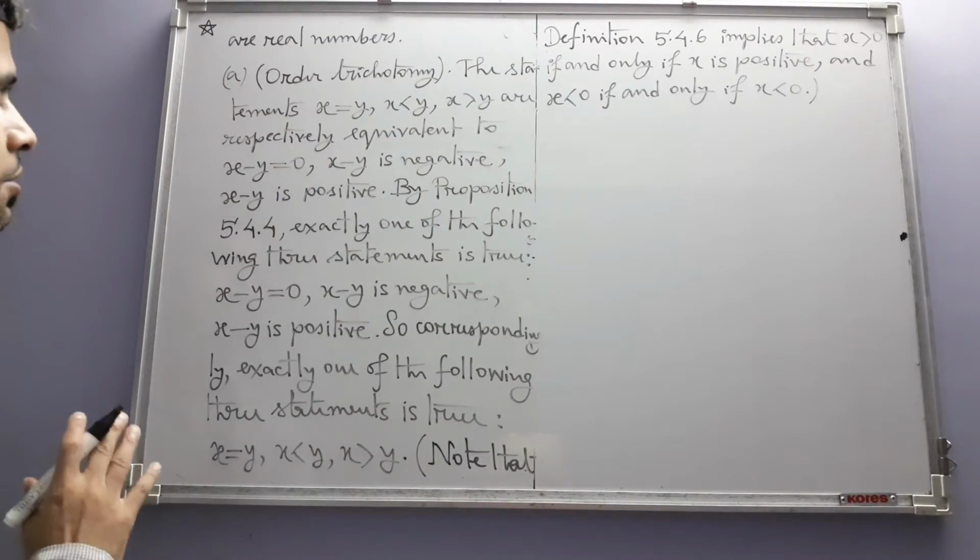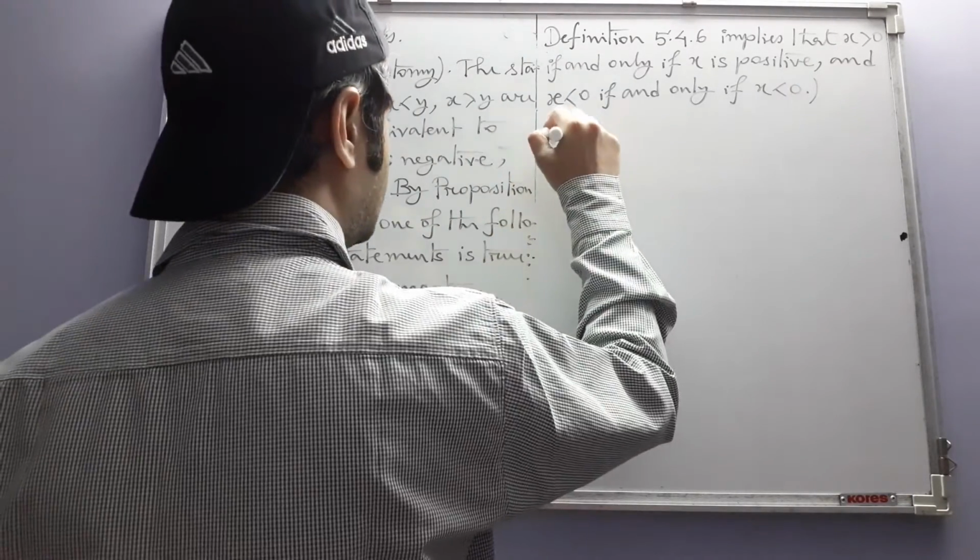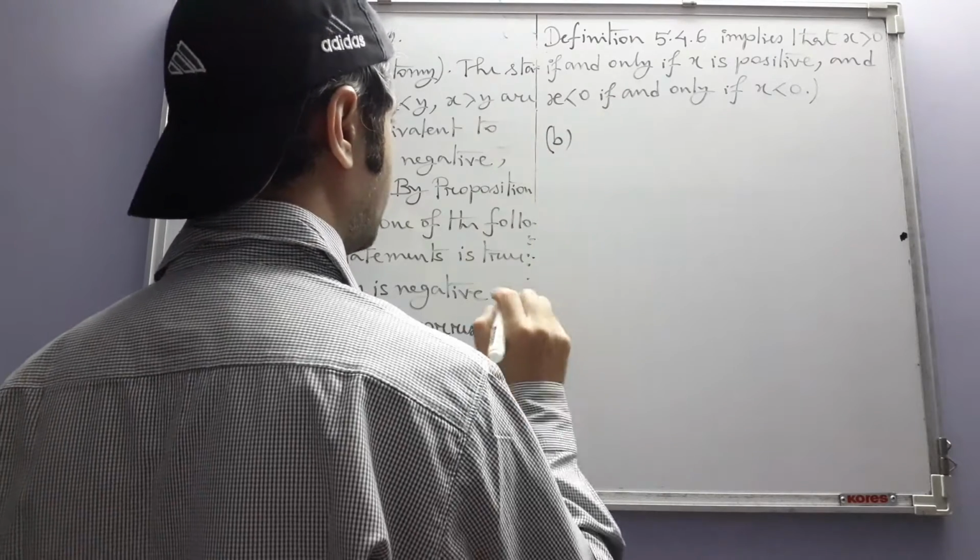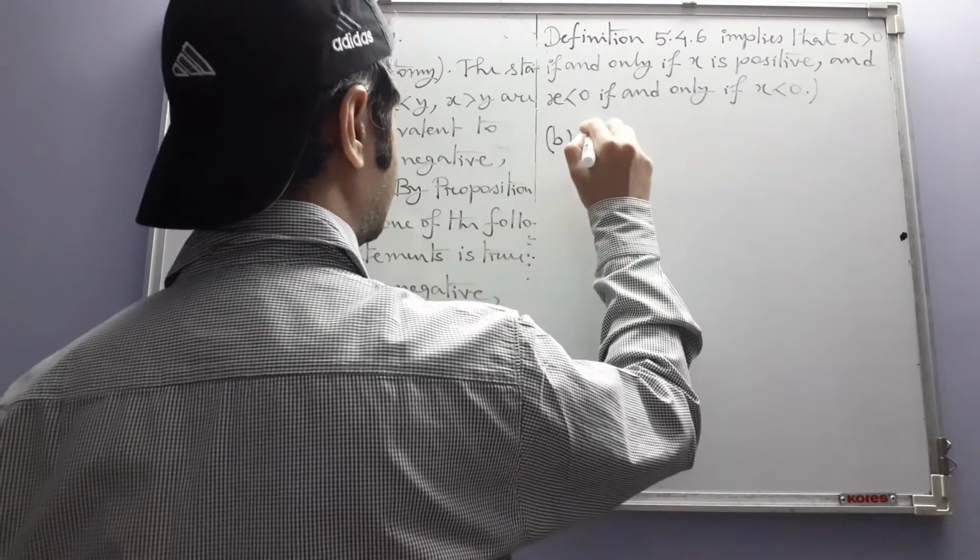Okay, so this is part A. Then in part B, order is antisymmetric.